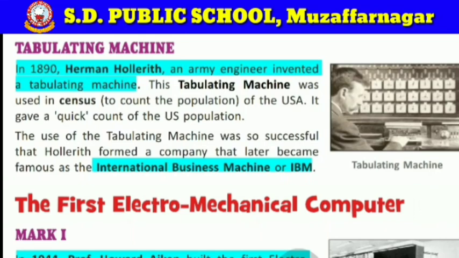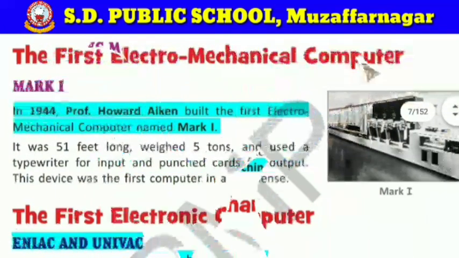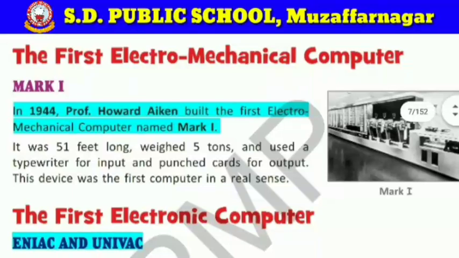Now, the next thing we are going to learn is the first electromechanical computer and the first electronic computer. And the question that arises here is, what is the basic difference between electromechanical and electronic computers? Let me explain. In electromechanical computers, there were wheels, drums, and bars that rotate and move to produce results.